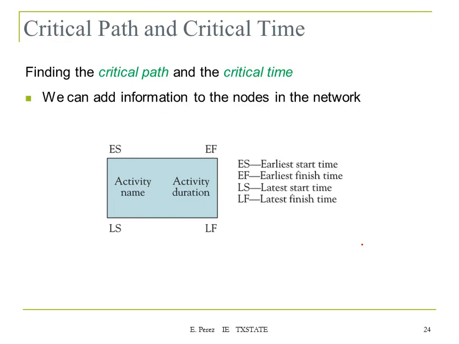In this corner, right here, we have the latest start time. And on the other side, we have LF, the latest finish time. Using this notation, we can come up with the total duration of the project, and we can also find the critical path of the project.